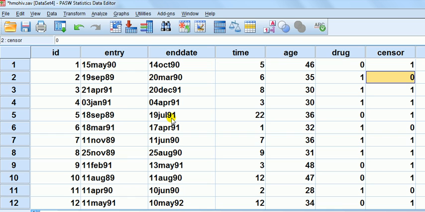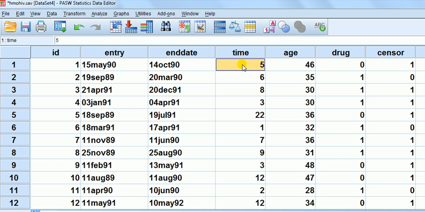It's a follow-up study of HIV positive individuals, and we have the variable time here, which is the time from the start of follow-up from which they die, or that we lose track of them, or that they're still alive at the end of the study.